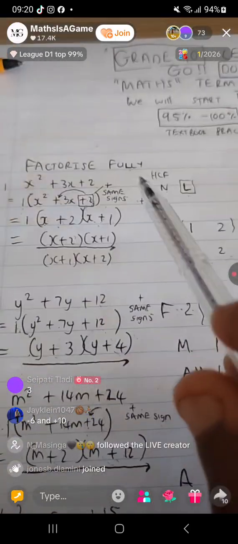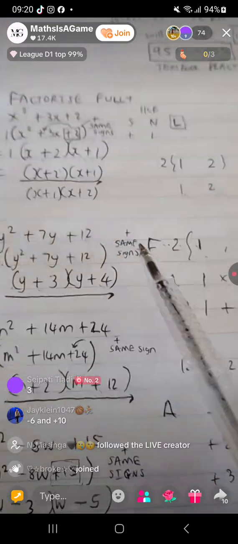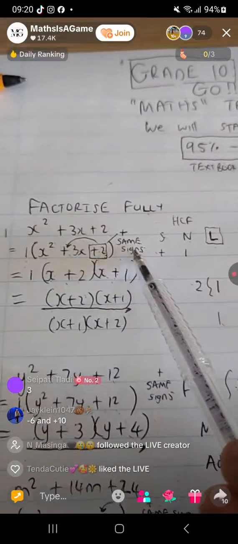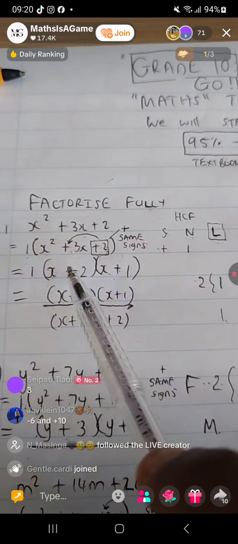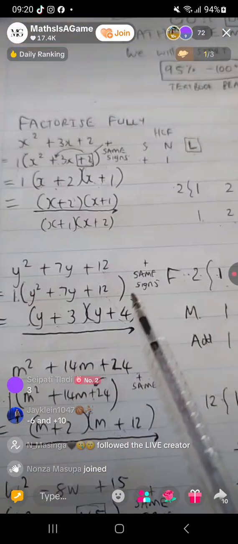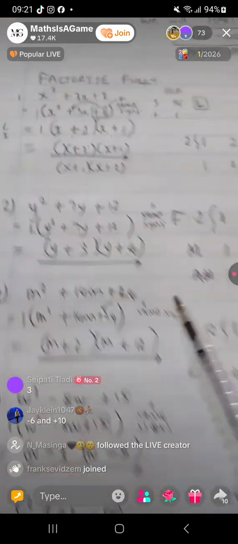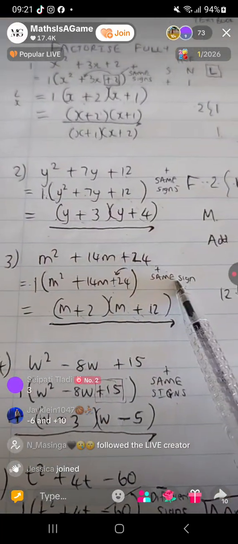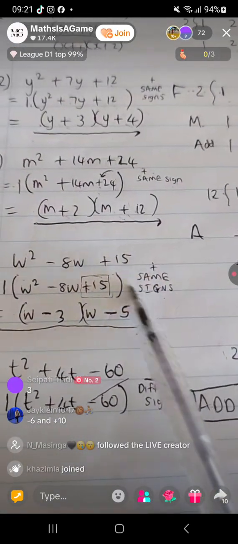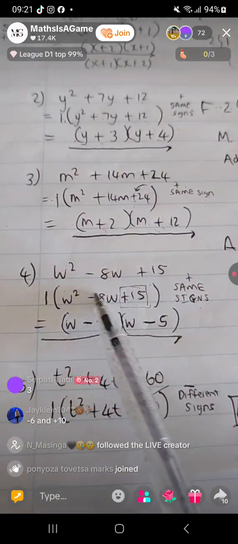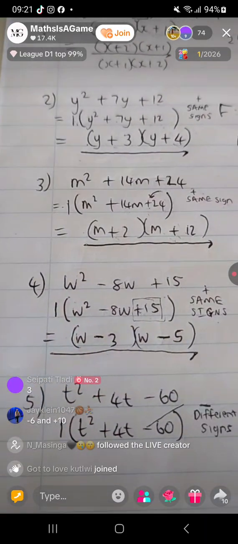Same sign, same sign. According to who? The mother. The mother is positive, so the brackets that we open have positive, positive. According to the mother, negative, negative. The same. You see?